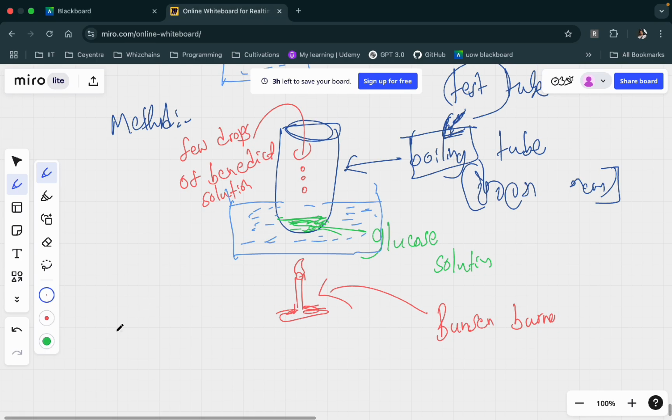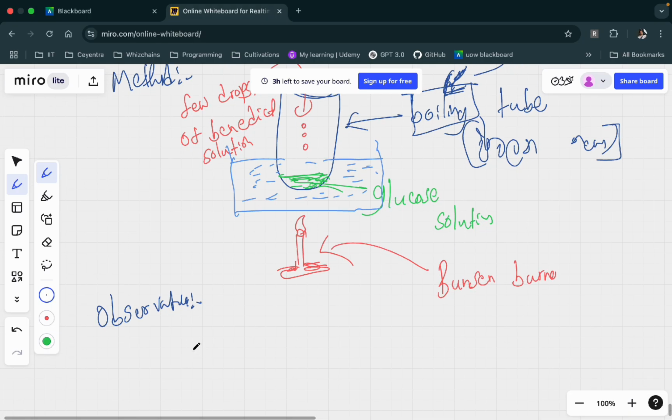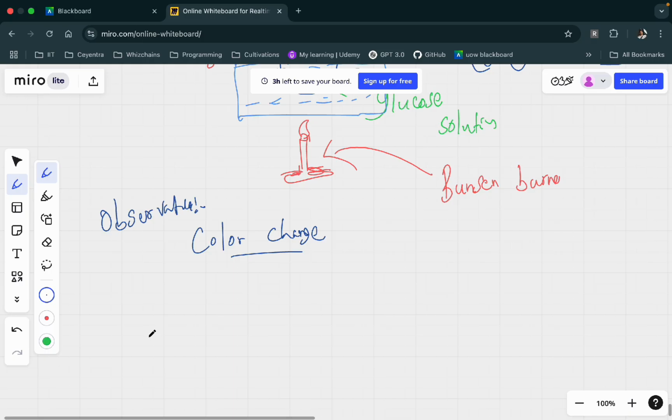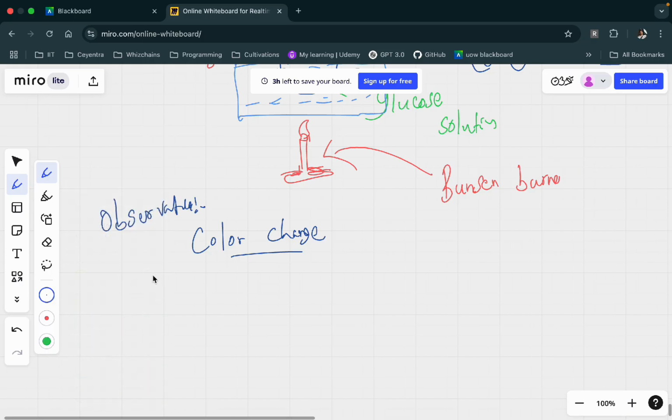Okay, then next one is the observation. What can we observe? As in the previous video, we can observe a color change. So what's the color change?